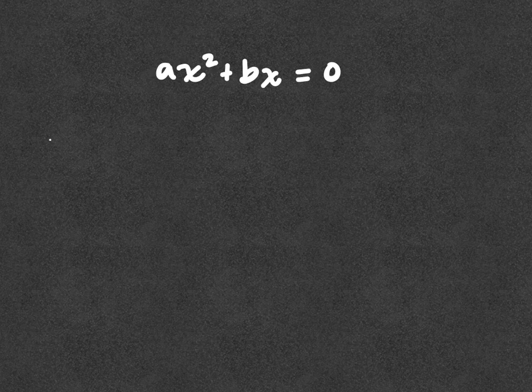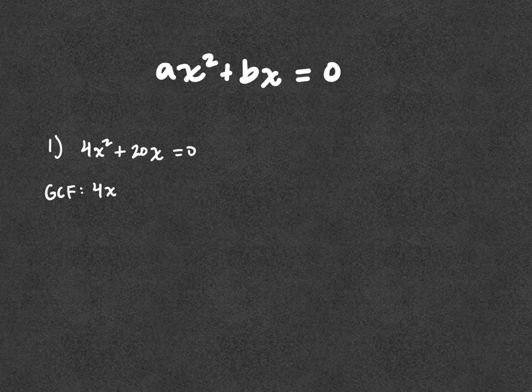So for example, let's say that I have the equation 4x squared plus 20x is equal to 0. The greatest common factor, GCF, in this case would be 4x.